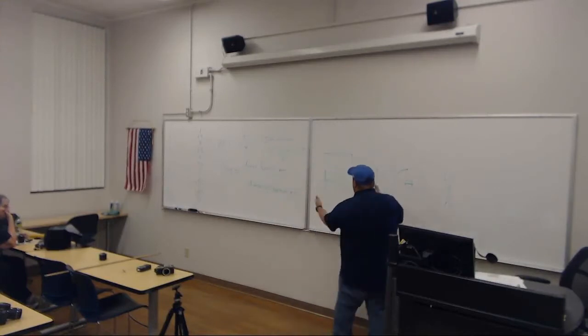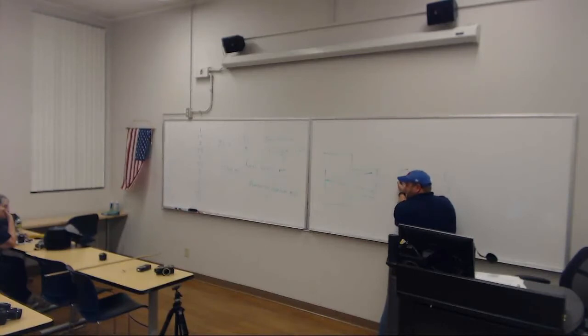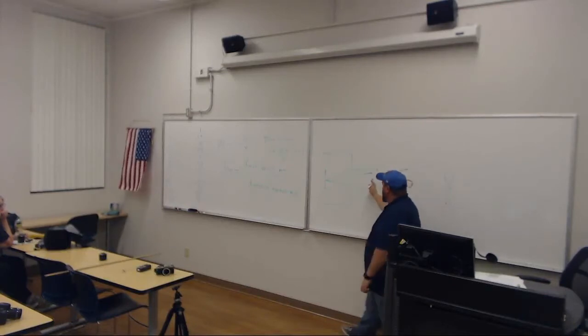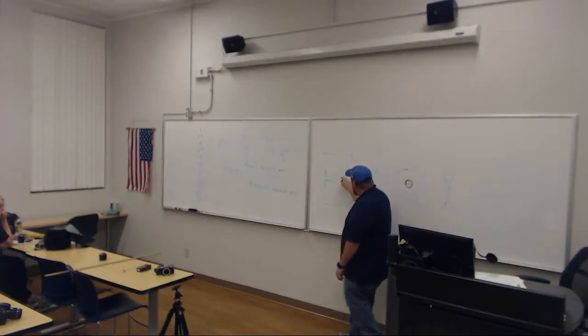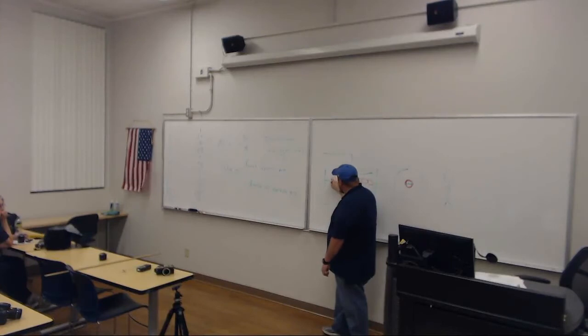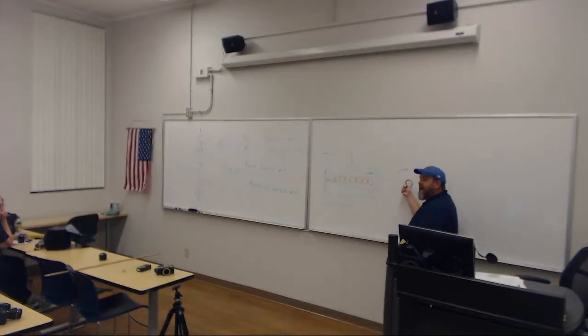In other words, I'm comparing this length to this opening. Or in other words, how many of these circles can I fit in this distance? If I can fit 1, 2, 3, 4, 5, 6, 7, 8, then we would say that this is F8.